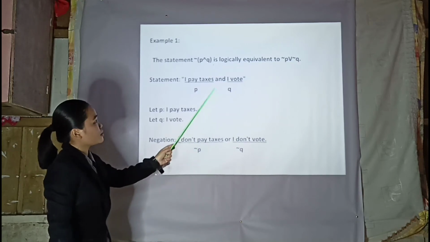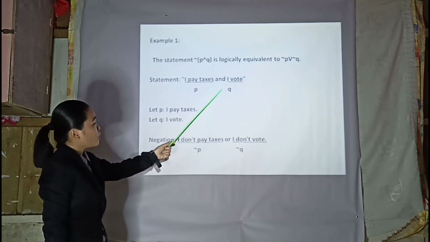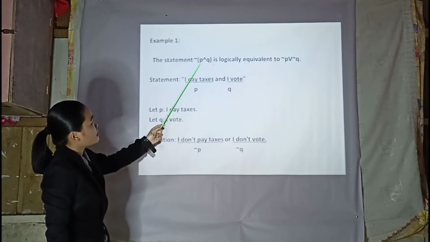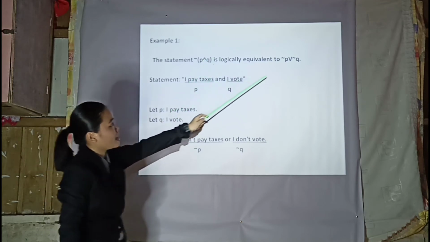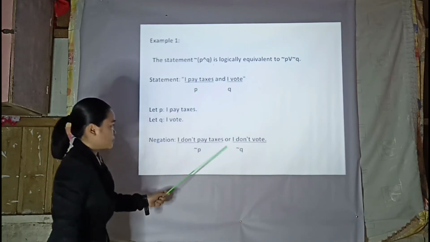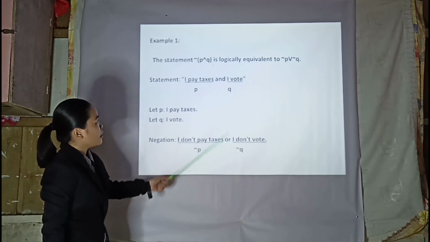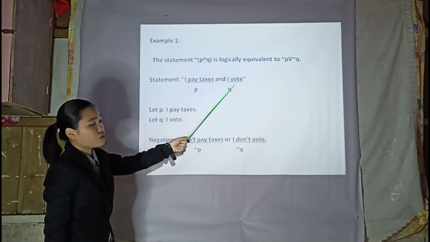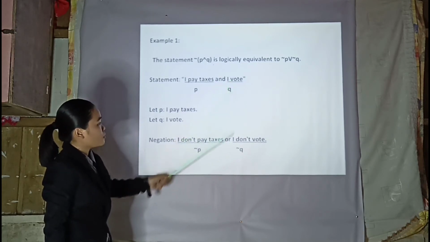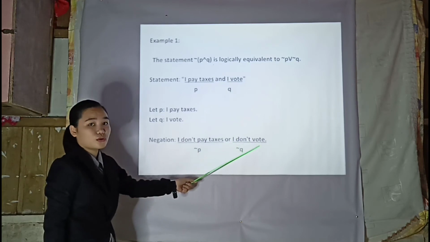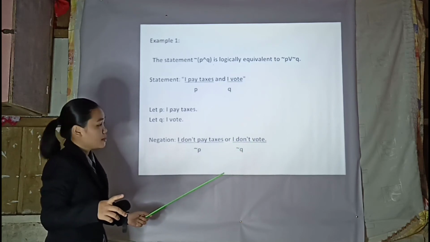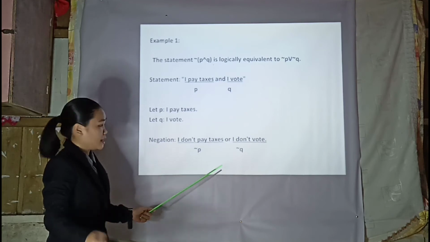And since we use the and connective, we will negate it. So, the and, we will negate it into or. So, we will use or here. And I vote, we negate I vote, it will become I don't vote in order to make the statement negative.